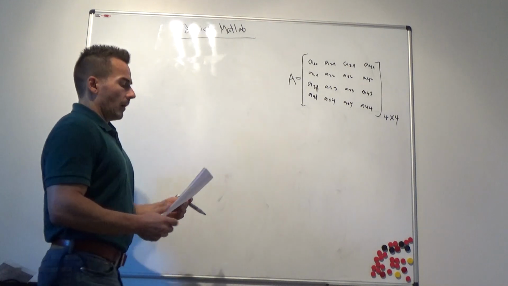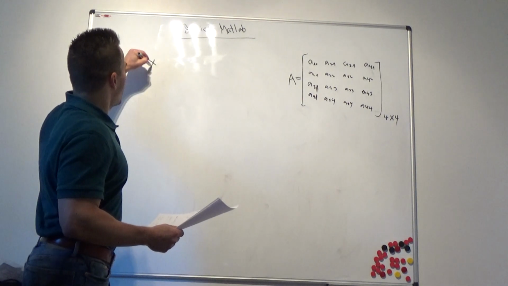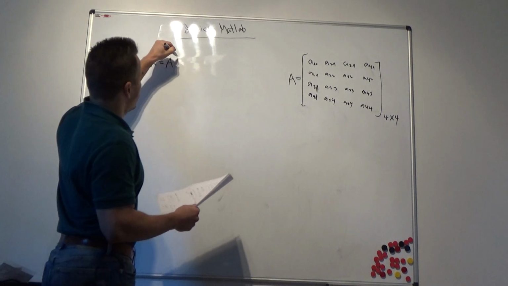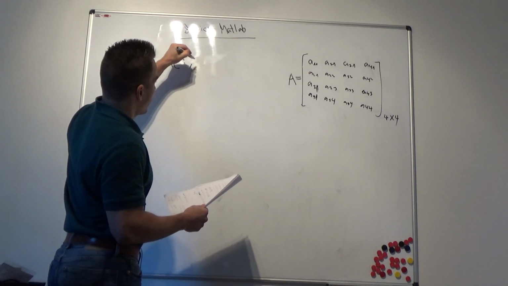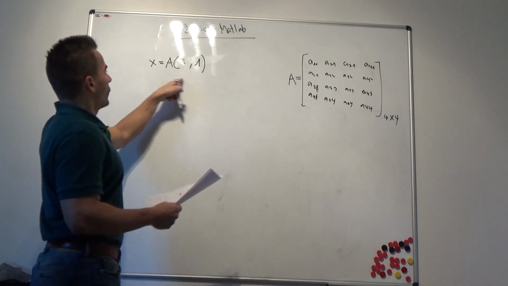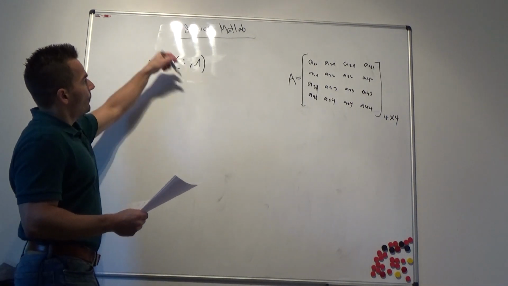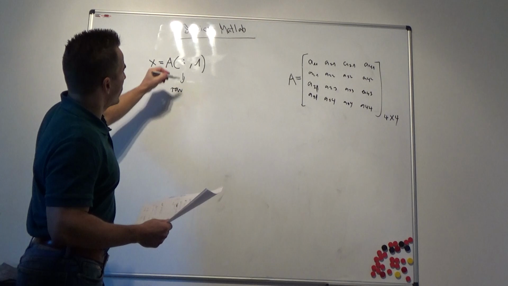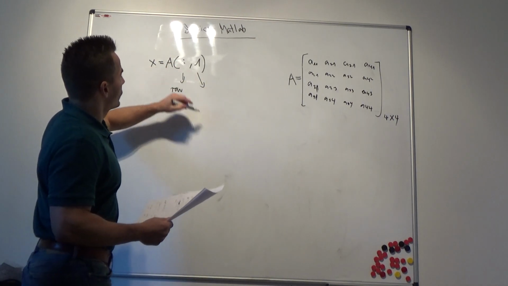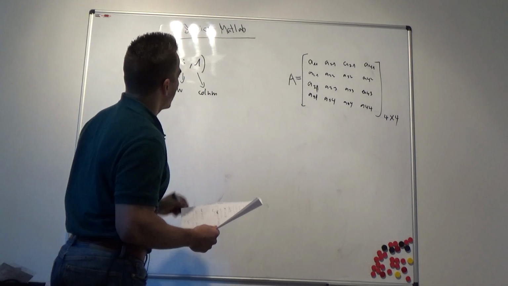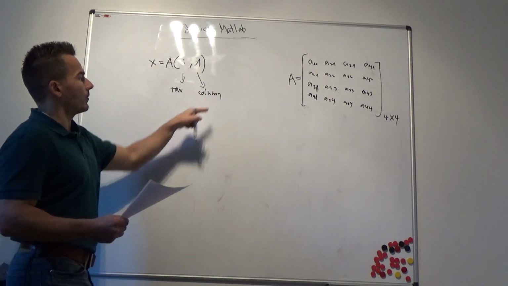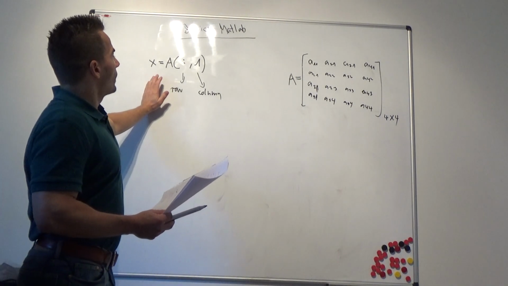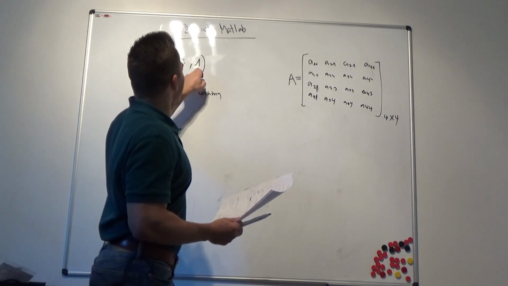If I now define in MATLAB a vector x and write into the command window x equals A(:,1), what will it give me? The first item always denotes the row index, and the second number denotes the column index. Row index, column index. So it says: give me in column number 1 all rows.